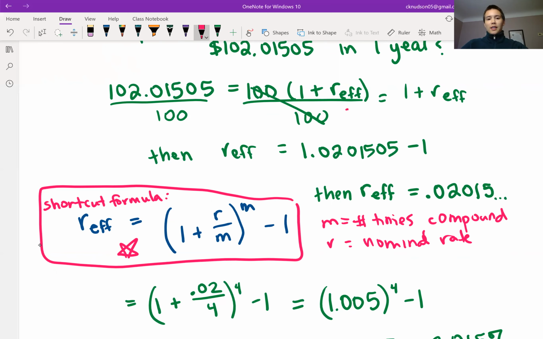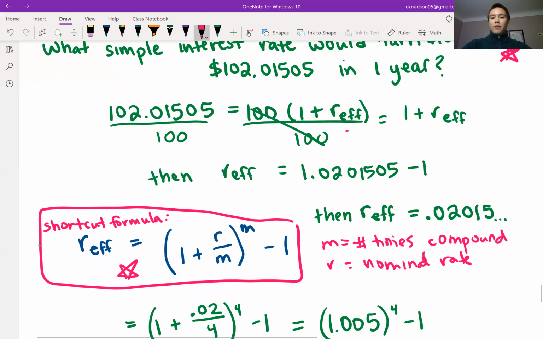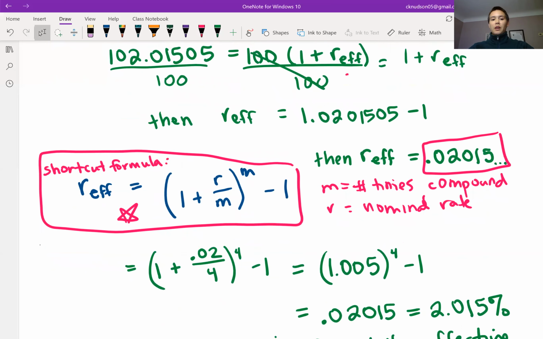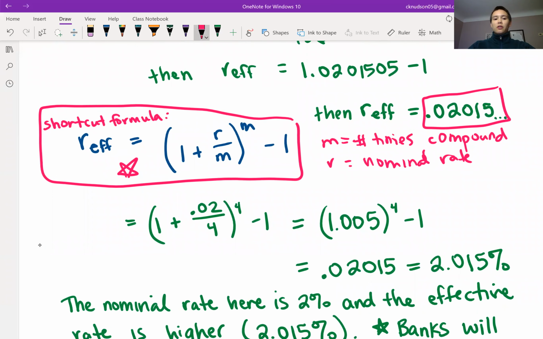Just to do it again in the example that we just did, where we found 0.02015, to make sure that we get the same answer: we plug in our rate of 2%, or 0.02. We plug in 4 because we're compounding quarterly. We put a 4 up there as well because, again, quarterly. So we have 1.005 to the 4 minus 1.